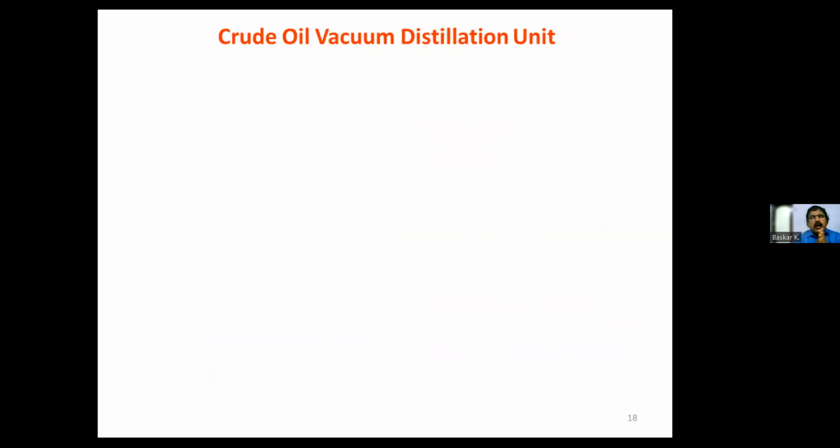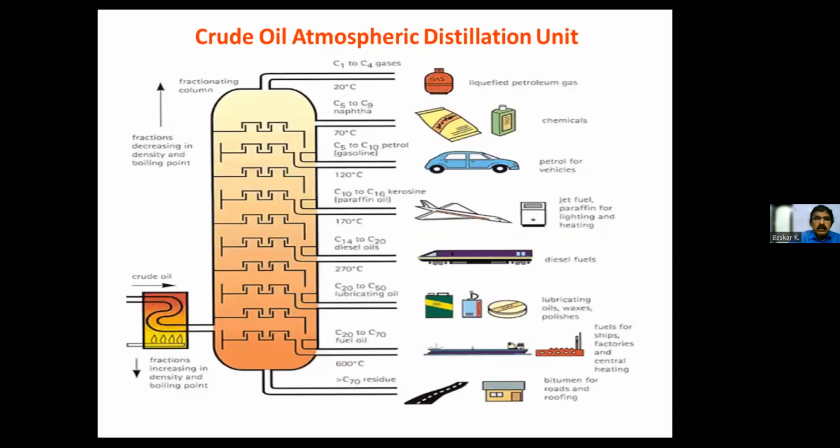Now, why do we require two distillation units? I'll answer. See, the boiling points of LPG, naphtha and other things, around 170 to 270 degrees, are at atmospheric pressure.